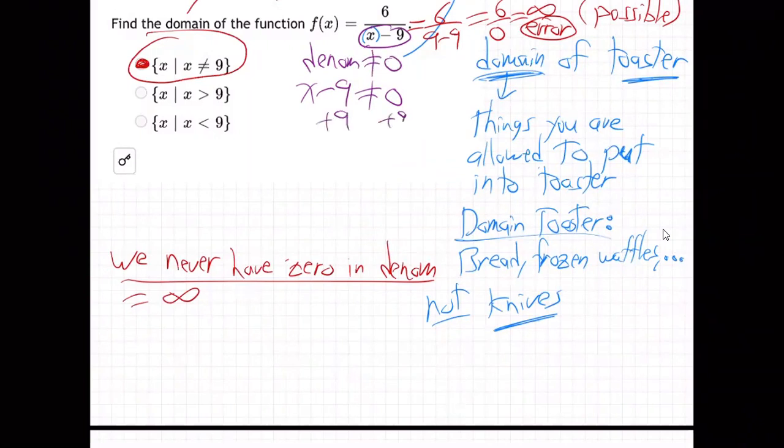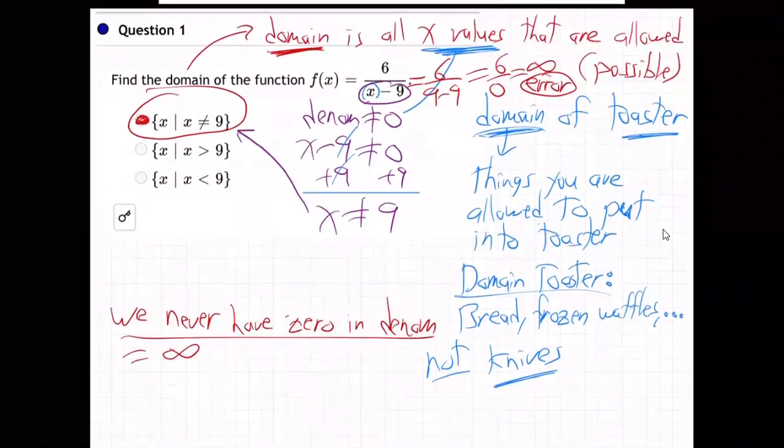Add 9 to both sides. This is actually a not equals equation, which is kind of funny. So x not equal to 9, which is what we already said, is the domain. That tells us that we can plug anything we want in, but not 9. That's called the domain. The domain is what you're allowed to do. You're allowed to do anything, but not 9. X cannot be 9.